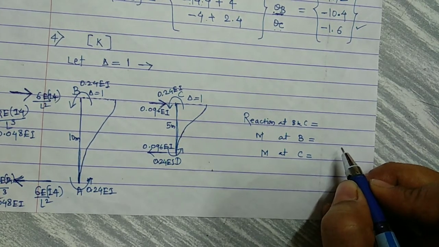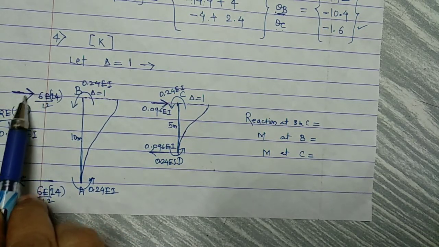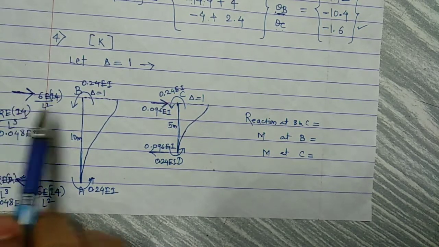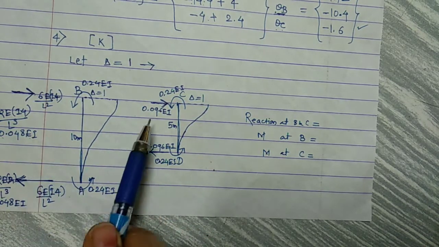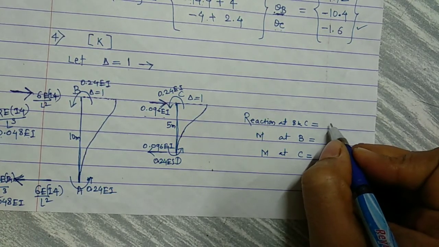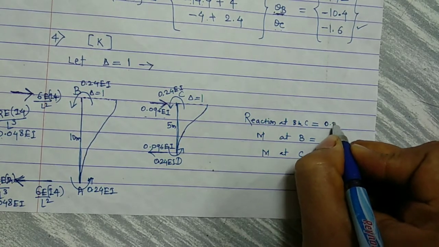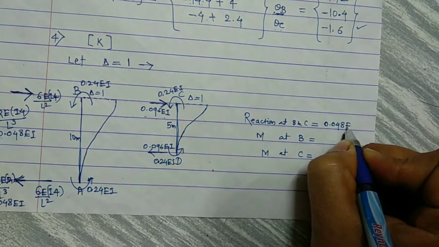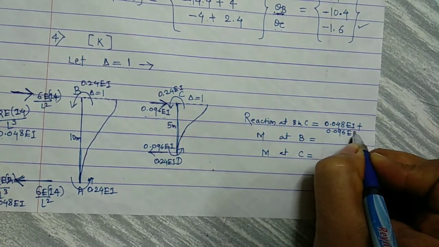So here the reaction at B and C, the horizontal reaction. At B this horizontal reaction is in the right direction, and at C the horizontal reaction is in the right direction. These two reactions, the total summation of the reactions at B and C, is the action corresponding to delta. So 0.048 EI plus 0.096 EI.